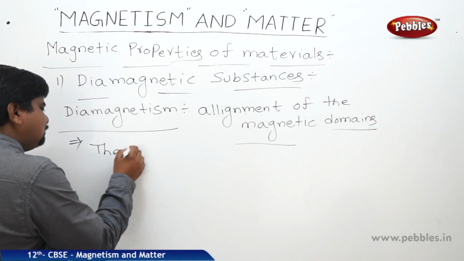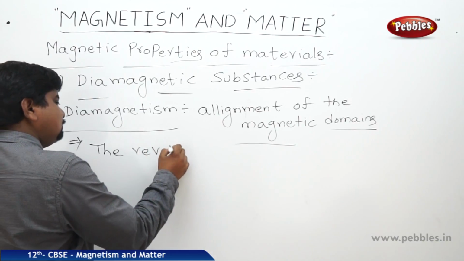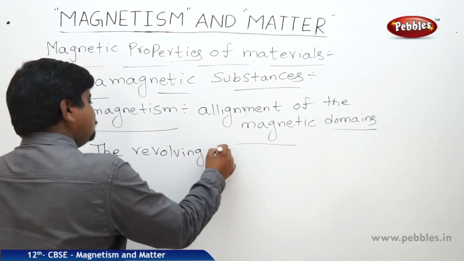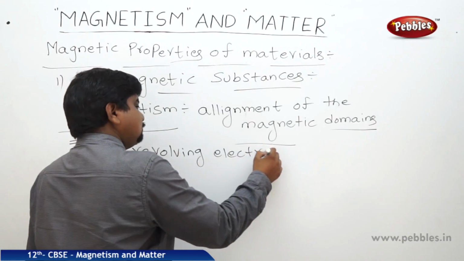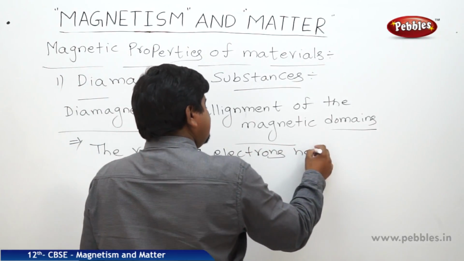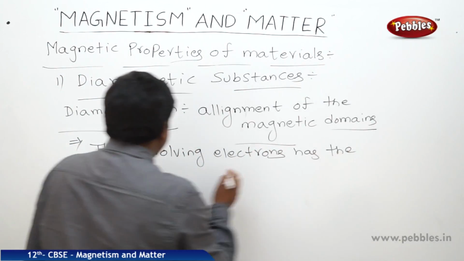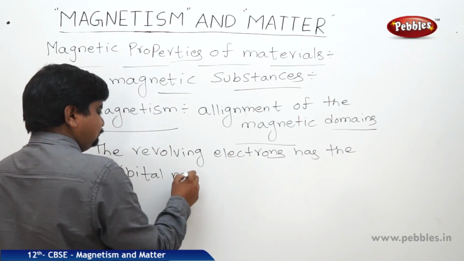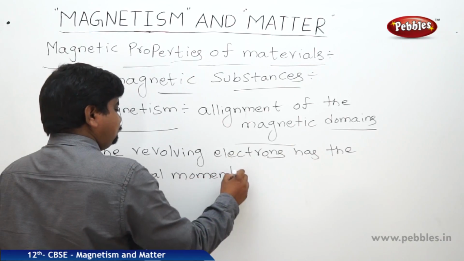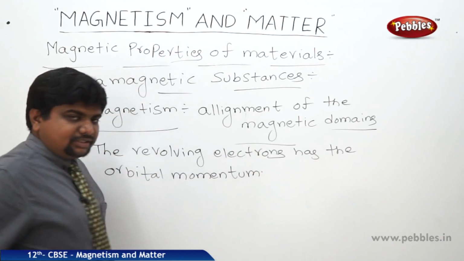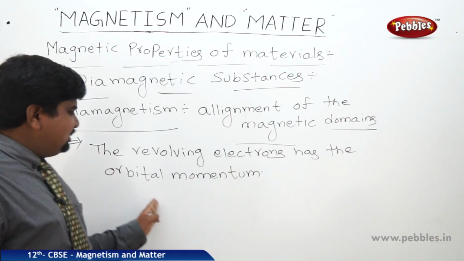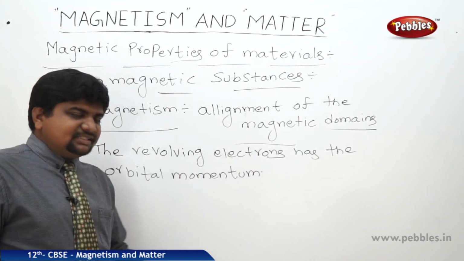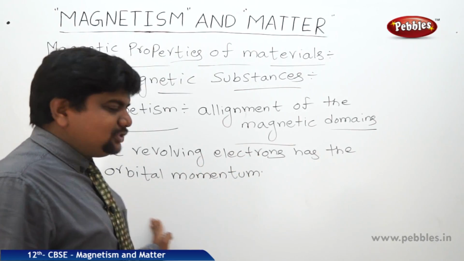The revolving electrons have orbital momentum and magnetic momentum also.